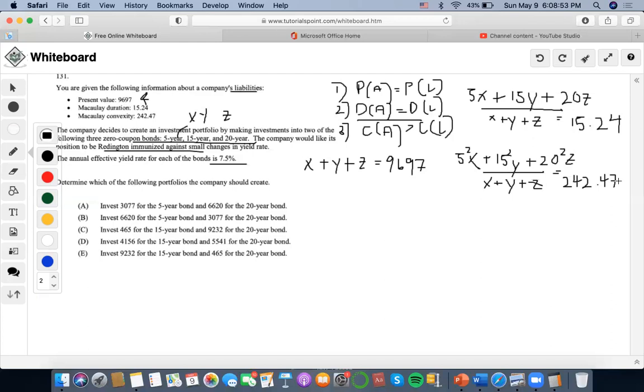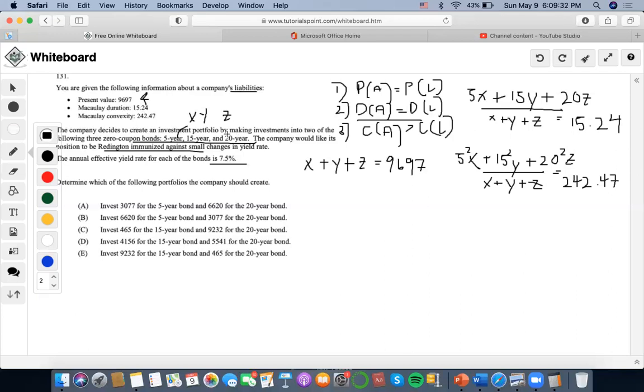Now, the first thing we could do is solve for these variables so we could get values for them, right? But there are three variables that we don't know. So what we can do is set one of them equal to 0 to solve for the other two. Out of all of these zero coupon bonds, the only one with a maturity greater than the duration given is Z, and the rule states that durations have to be equal to each other.